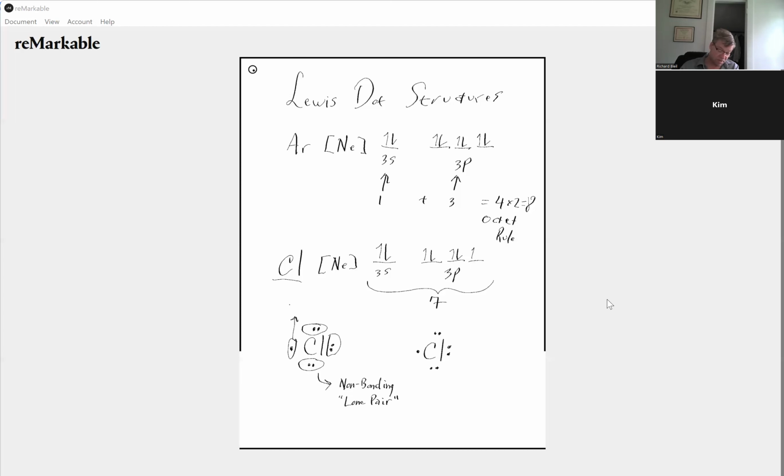Unpaired electrons are bonding electrons. Those are the electrons that participate in chemical bonding with other elements.